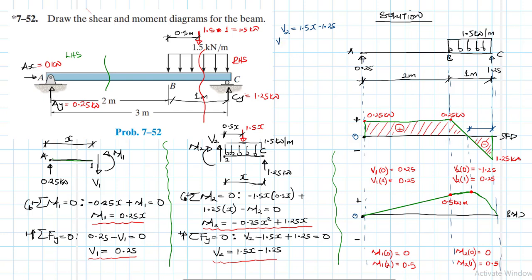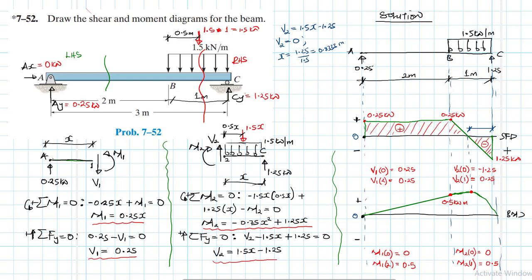So the value of x will be equal to 1.25 divided by 1.5, which gives us 0.833 meters.